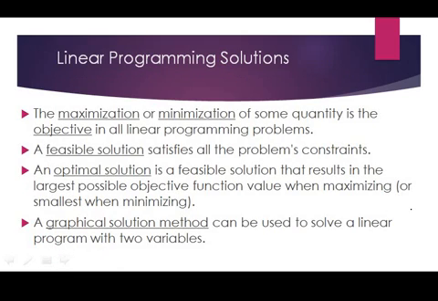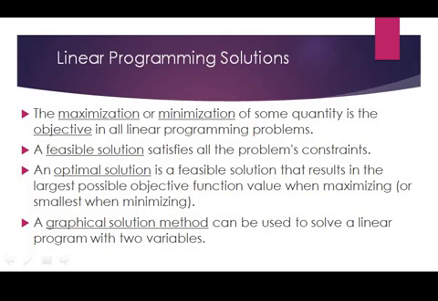So, when we talk about the problem structure, the next stage is stepping into the solution domain. So, what are we actually trying to solve in linear programming? We are trying to either maximize or minimize the objective, right?